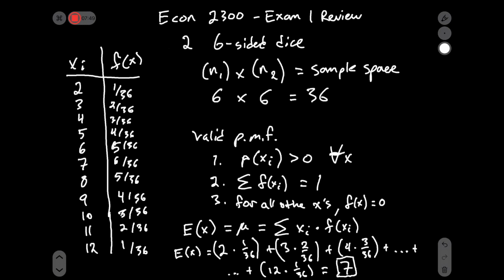Which makes sense, and that 7 is the most likely outcome of rolling 2 perfectly balanced 6-sided dice. And if you play Settlers of Catan, this is the reason why when you roll 7, you get to move the robber. So, okay, that is the first problem we want to review for this exam.